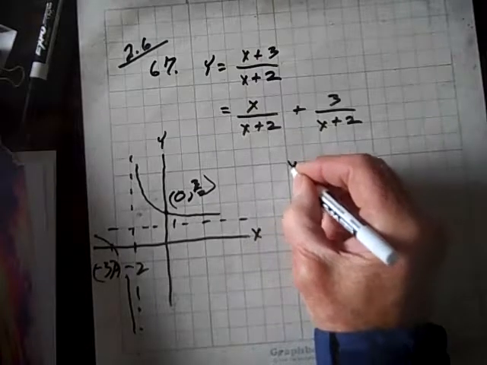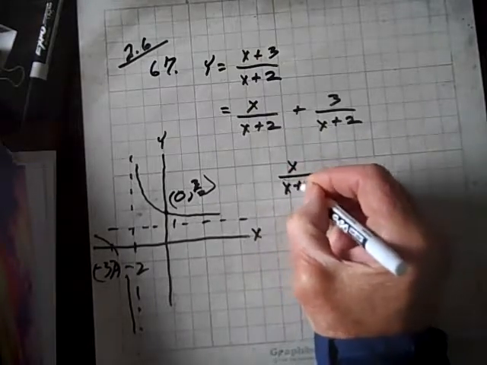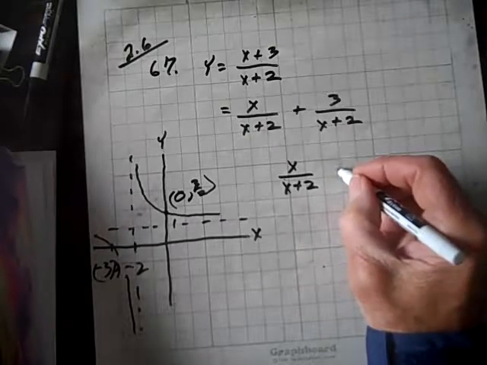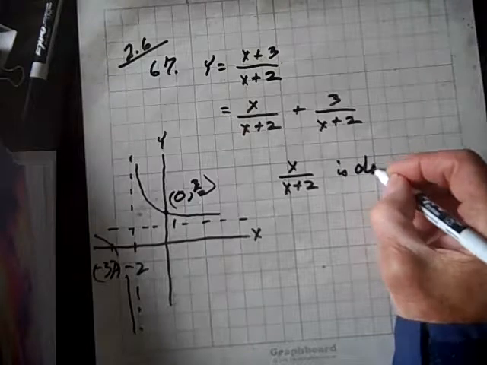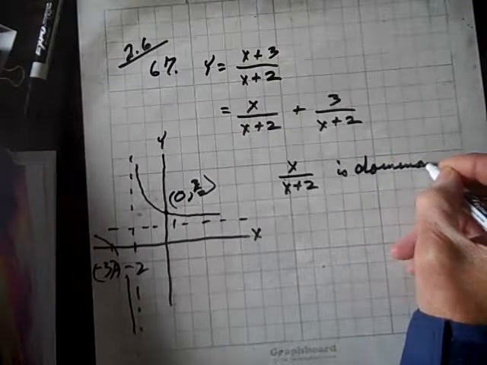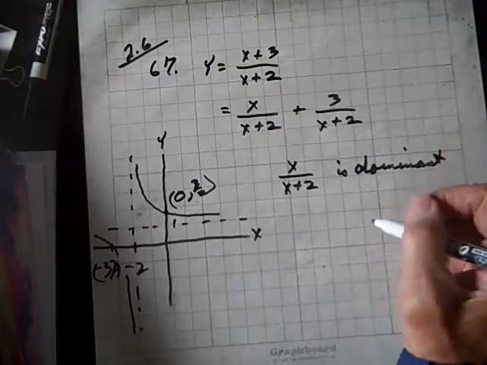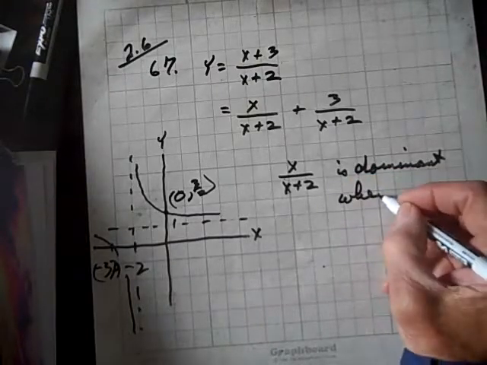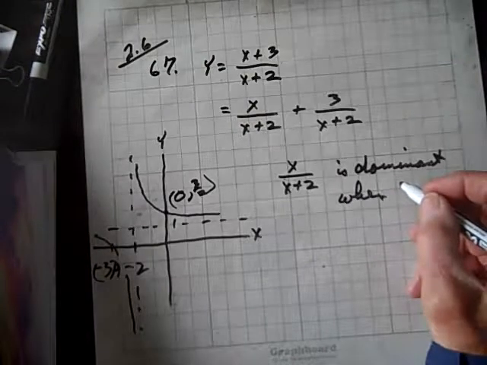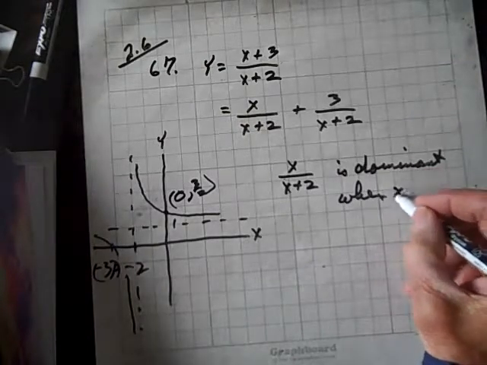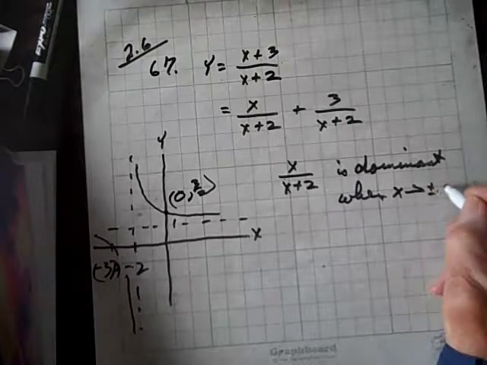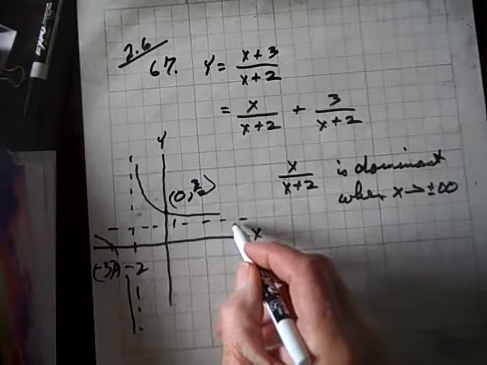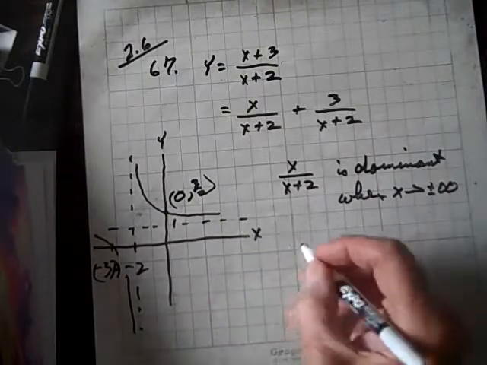And so x over x plus 2 is dominant when x is going to plus or minus infinity, because we will wind up getting just 1, and that gives us our horizontal asymptote.